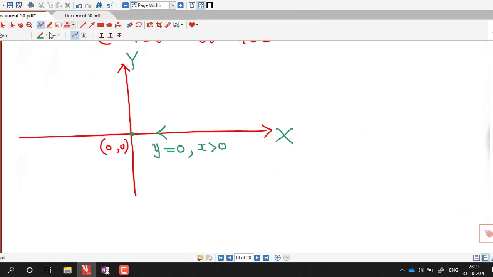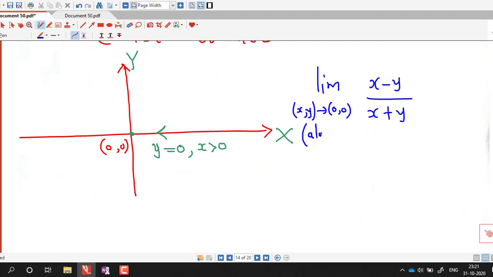So we can write in this way: limit of (x minus y) over (x plus y), (x,y) approaching origin, and in the bracket along y equal to 0, x greater than 0, and along this path we check what is the limit. So along this path y is 0 and x is positive.